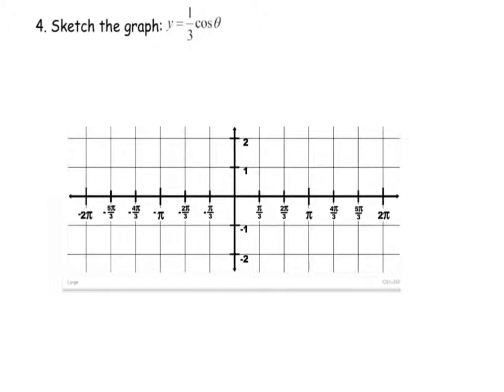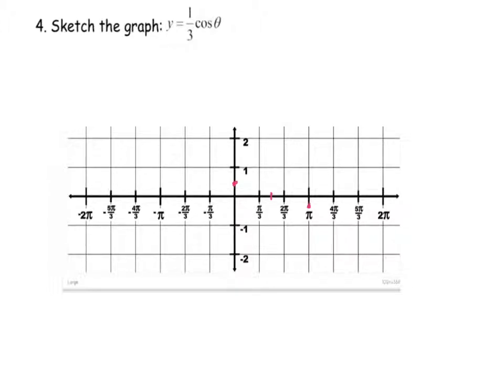with the graph. So at 0, normally I would have 1 for cosine, but because I multiply by 1/3, it's going to be 1/3. And then at pi over 2, I would have 0 for cosine. Then at pi, I would have -1 for cosine, but then I'm going to multiply by 1/3, so that's going to be -1/3.